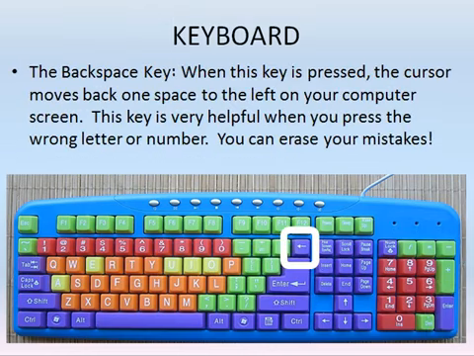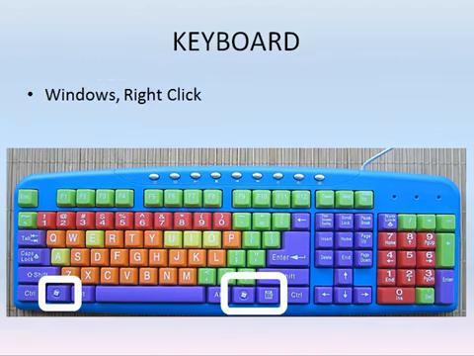Then we have the backspace key. When we press this key, the cursor moves one step to the left. So if we have typed a wrong letter, we can correct it by using the backspace key. Next we have Windows and the right click.